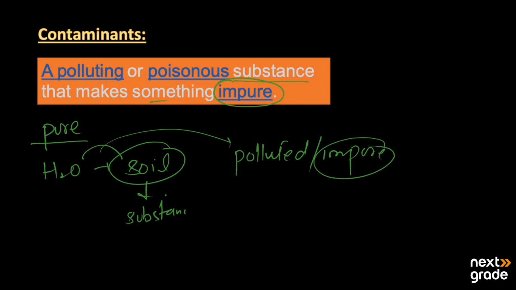That soil is known as a contaminant. So all the substances that, when added to other substances, make them impure are known as contaminants. And the harmful substances present in the air are known as air pollutants.